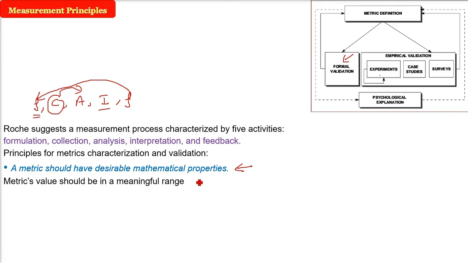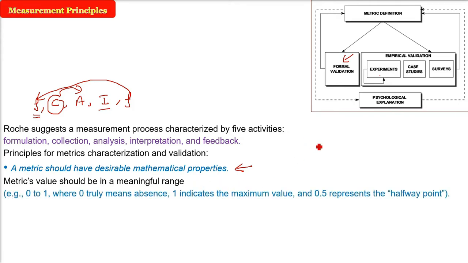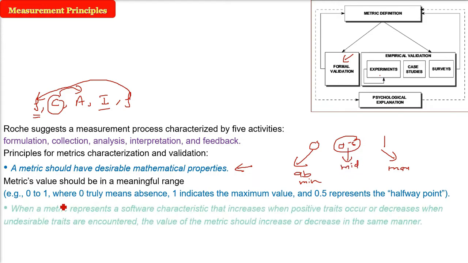For example, you say 0 to 1, what does it mean? 0 may mean absence of a certain attribute or degree of content, and 1 is the presence. If 0 is minimum and 1 is maximum, then 0.5 will be the halfway point. So mathematically it can be defined.